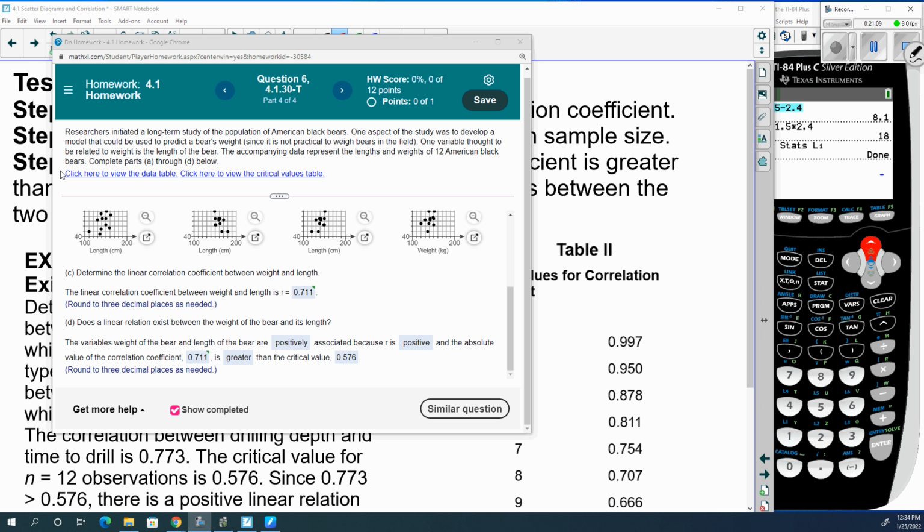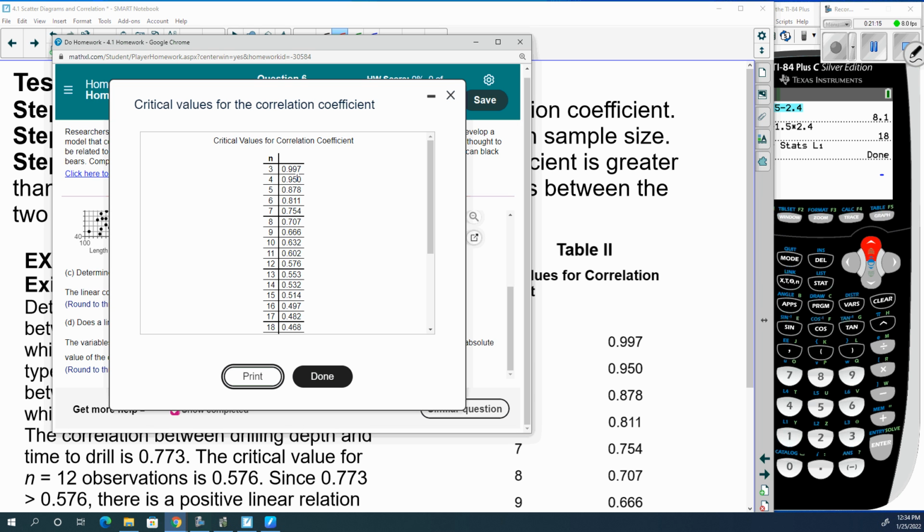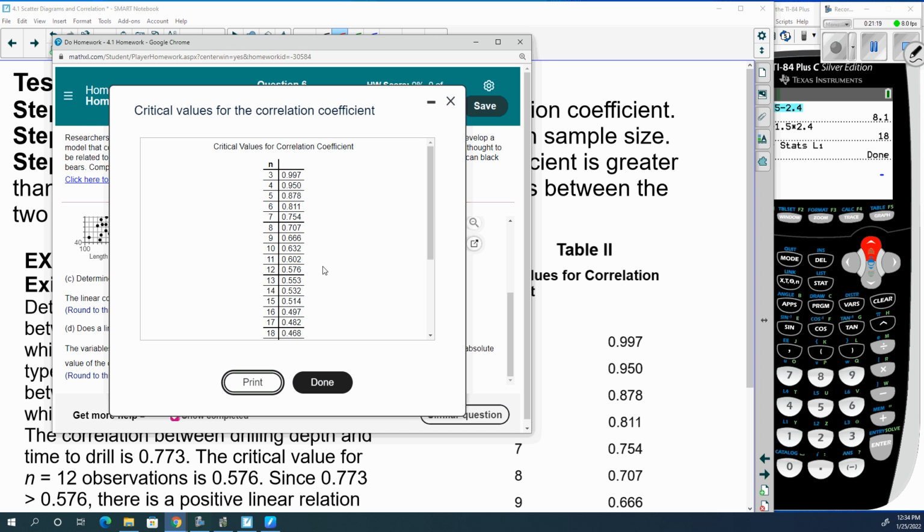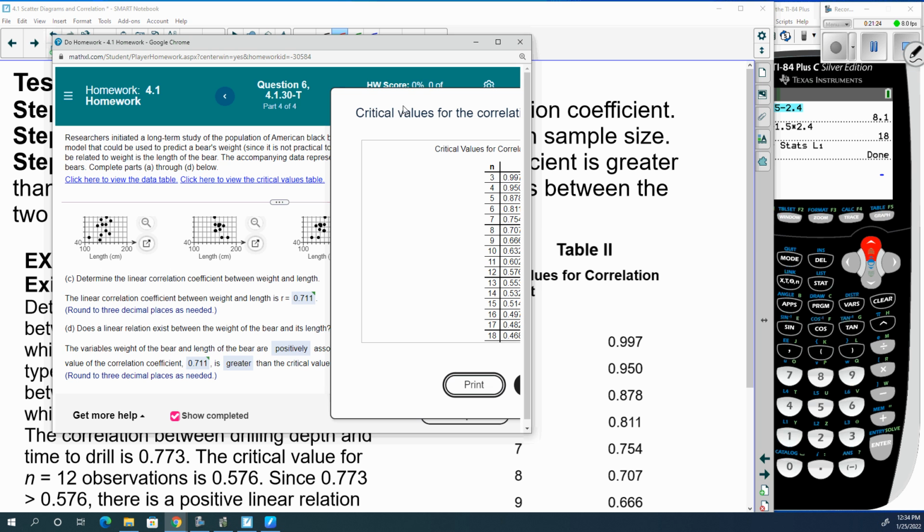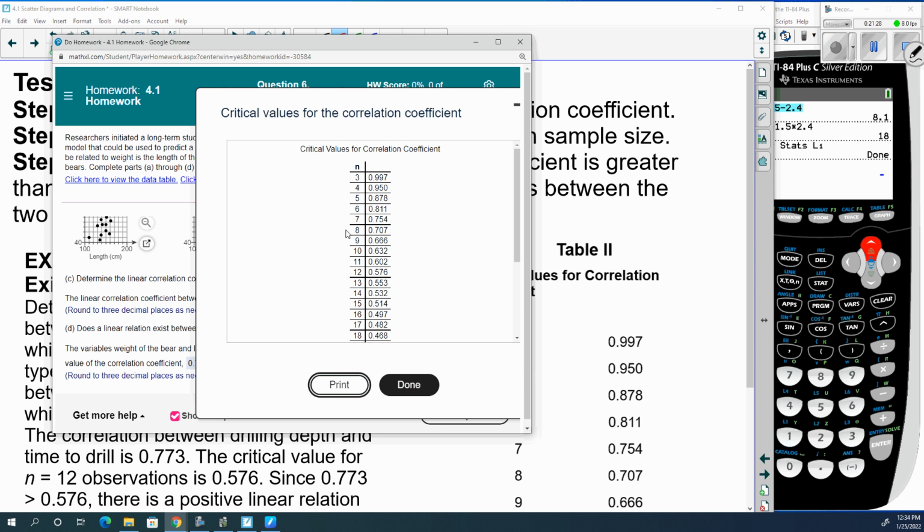Like this one, it had click to view the data, and click to view the critical value table. So I can click there and it gives me the critical value table. Again, the same information is in your reference sheet that you're allowed for the test. It's nice to have it in the reference sheet so you don't have to have this up while trying to look over here on the question.